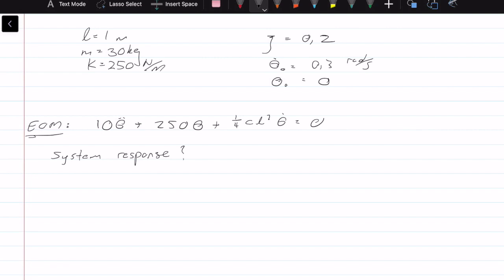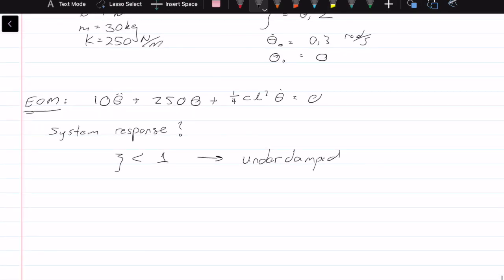Okay, so what is the system response? Firstly, we've been given that C is less than 1, and so we already know that this is an underdamped system. From knowing this, we can already get a baseline for what our equation of motion looks like. It's going to look like this: x of t is equal to e to the minus C omega n t times x naught.